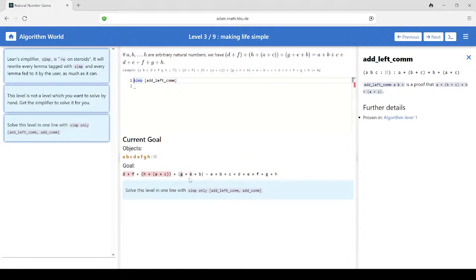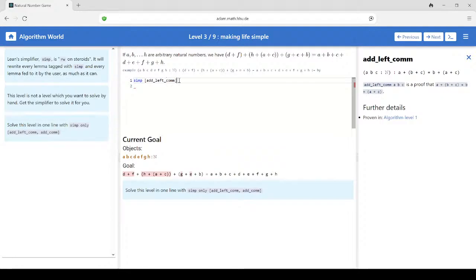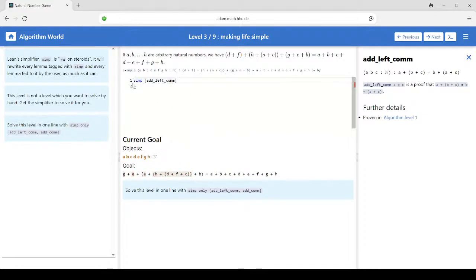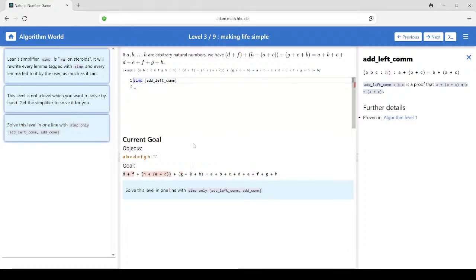We've got G plus E at the beginning, and we've got A plus C. So how did this one work?